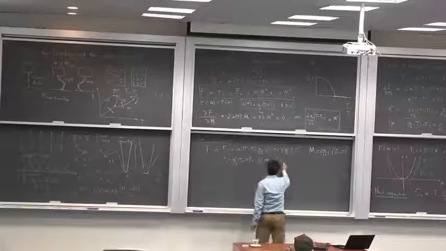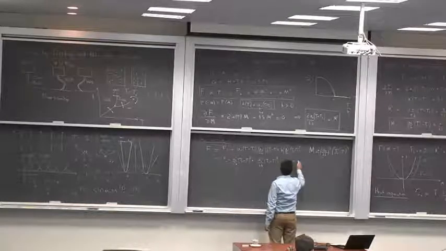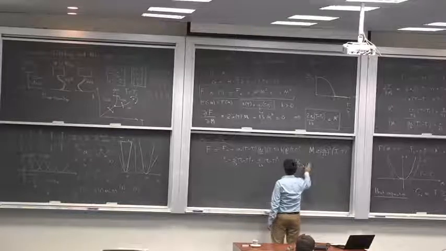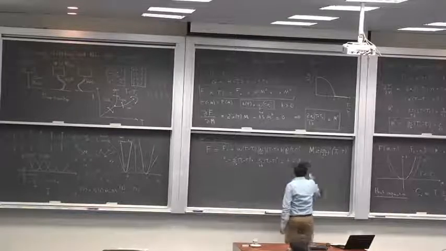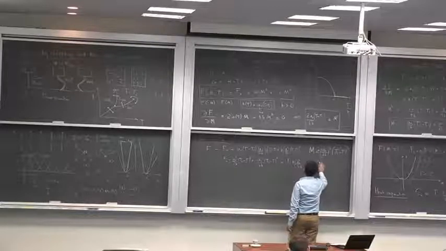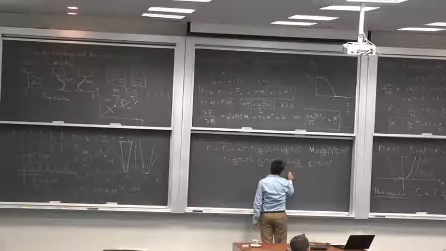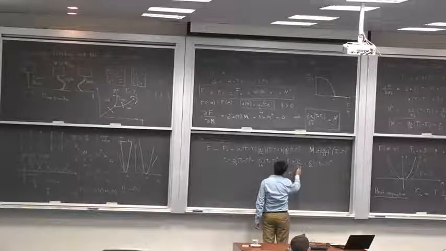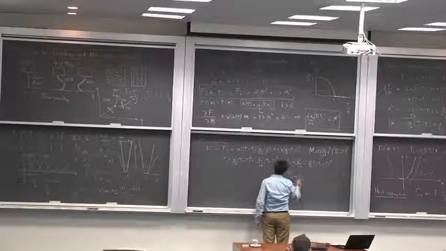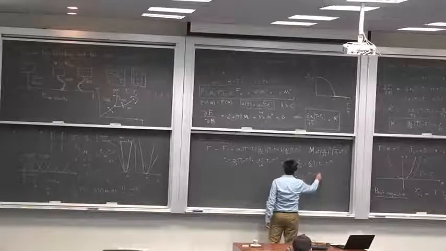This is F naught plus A naught squared over 4b minus A naught squared over 2b, times (Tc minus T) squared, which is F naught minus A naught squared over 4b (Tc minus T) squared.